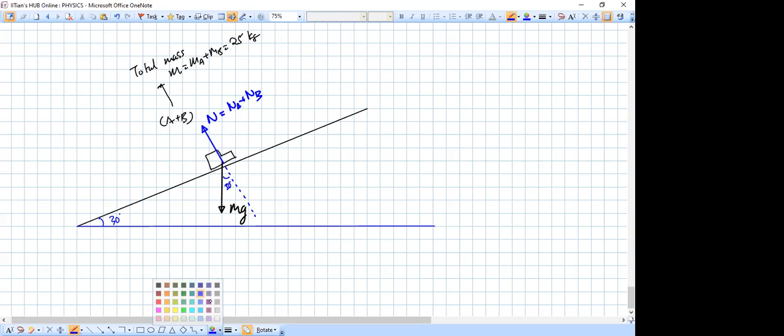And then you are applying the force up the inclined plane, the external force. It is like this. We don't know its magnitude, but its direction is along that direction.